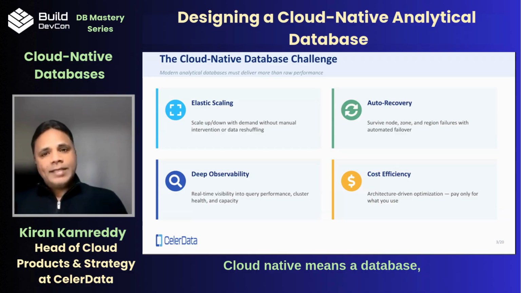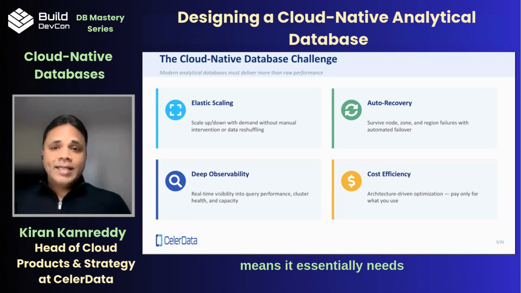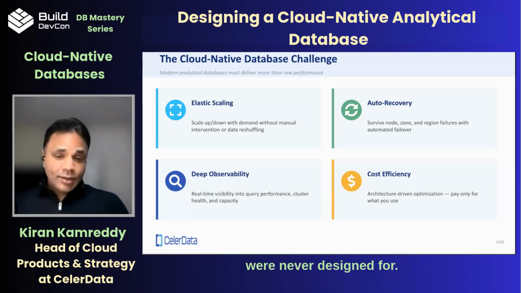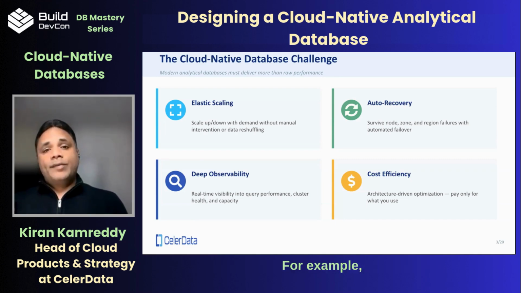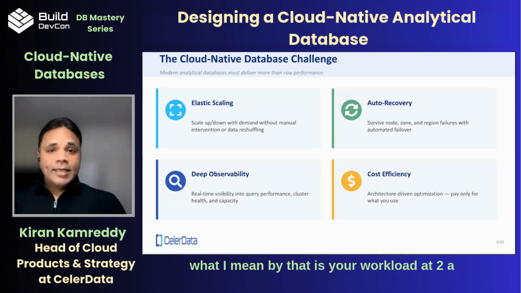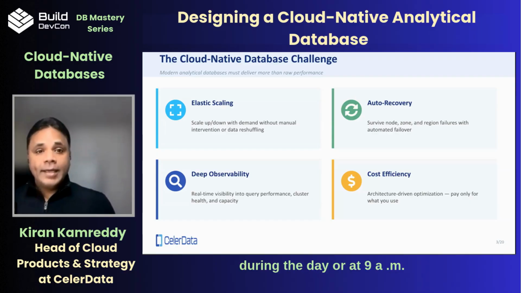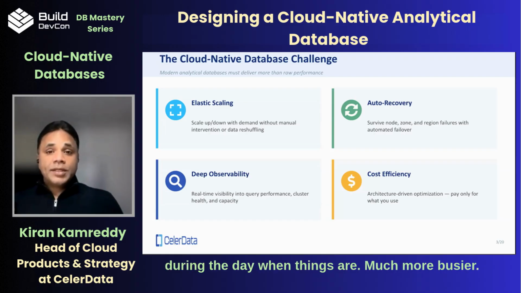Cloud native in the context of a database means it essentially needs to handle four things that traditional databases were never designed for. First and foremost is elastic scaling. What I mean by that is your workload at 2 a.m. is nothing like your workload at 2 p.m. during the day or at 9 a.m. when things are much busier.